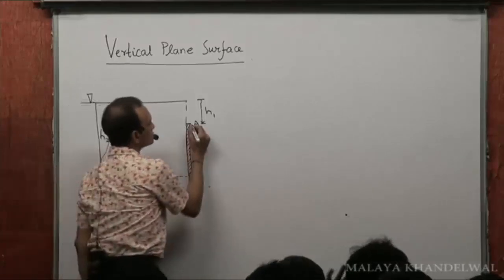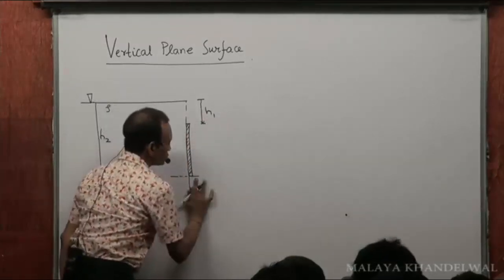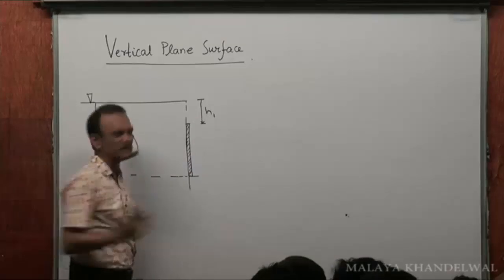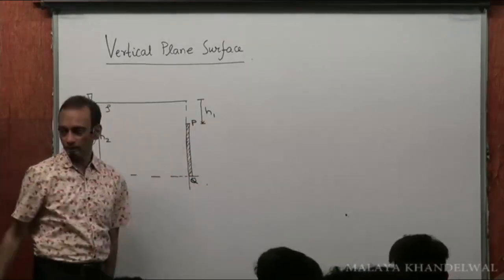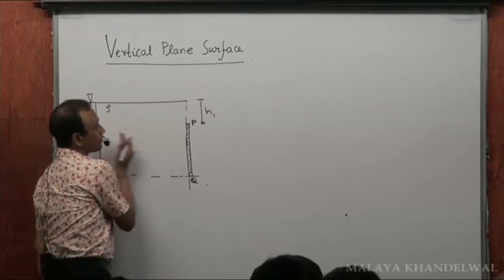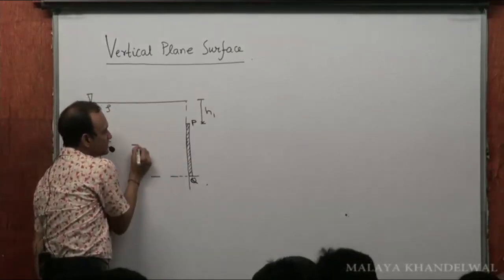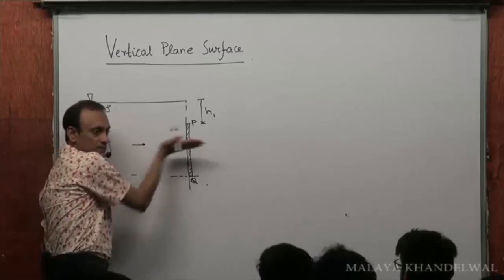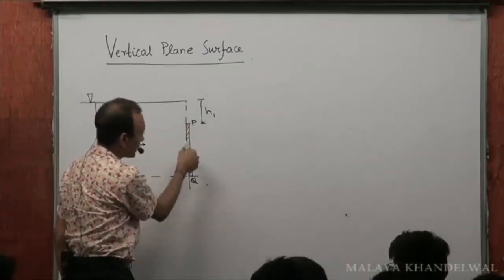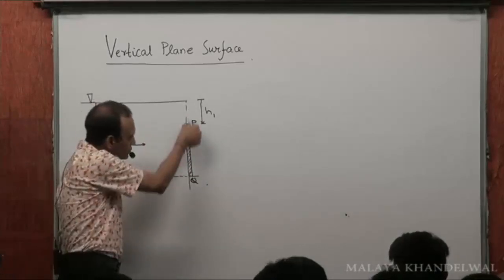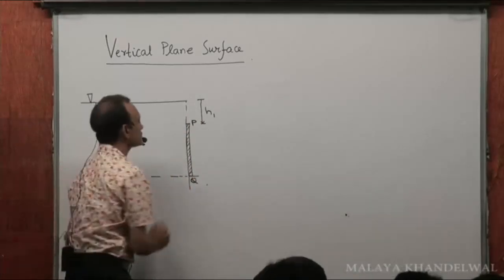Now, let me call it PQ because A I am going to use for area. So let me call this PQ instead. Okay. Now, when you observe this surface from this direction, you can only see the thickness of this plane surface, right? It's a laminar, uniform, thin surface, right?